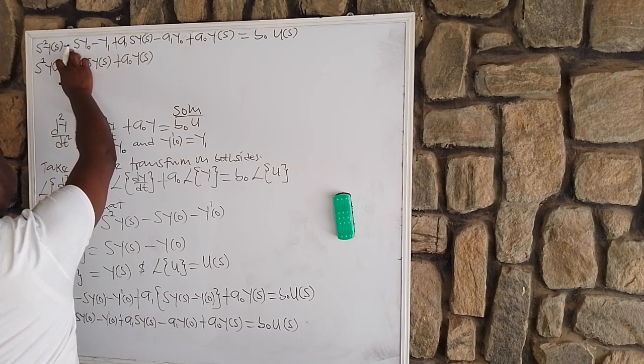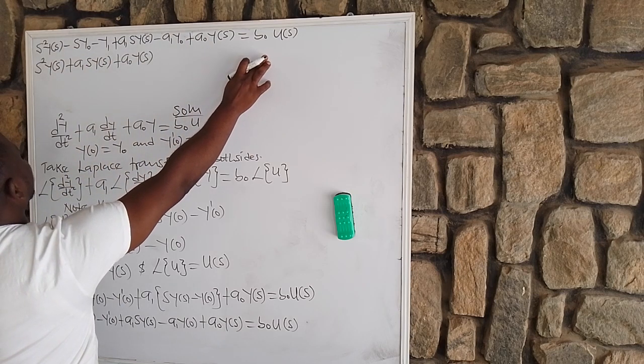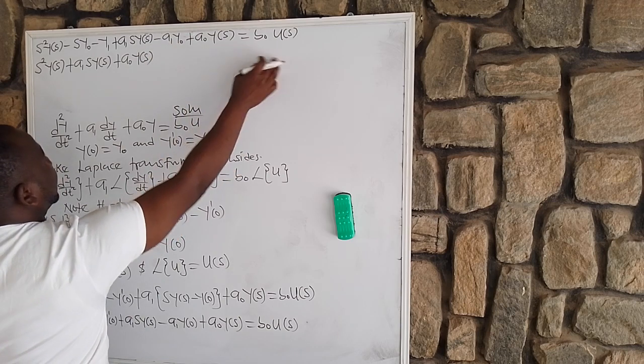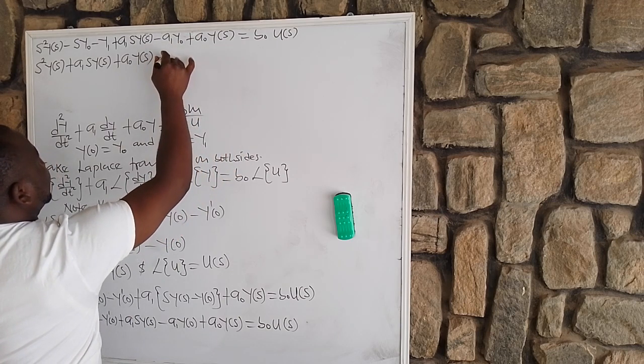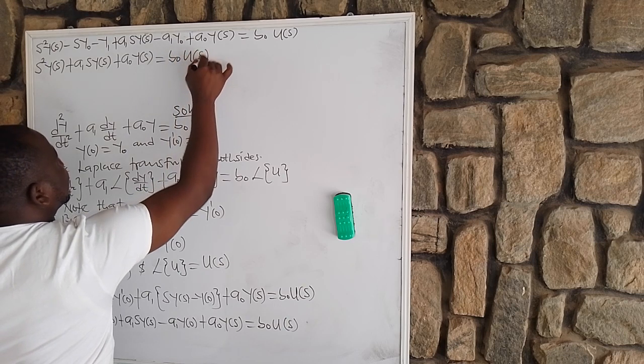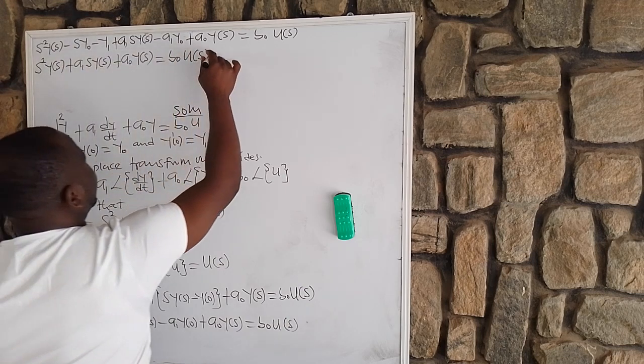If this crosses the sign of equality, it becomes plus. So here will be equal to b0 U(s), then plus s y0, plus y1, and plus a1 y0.